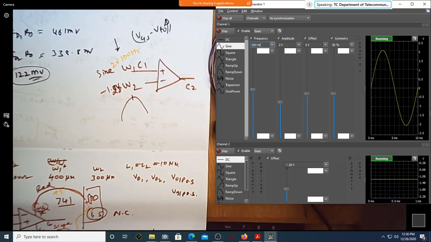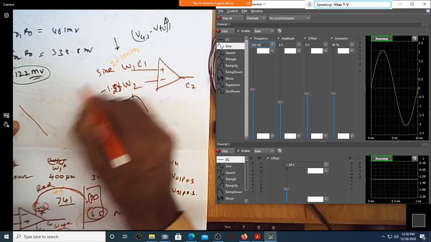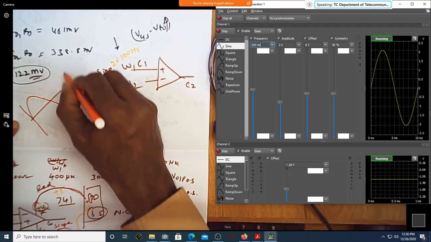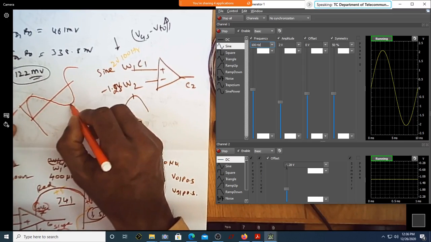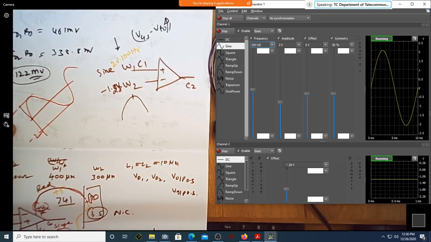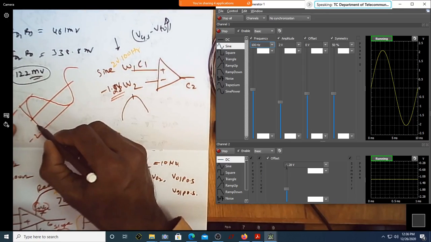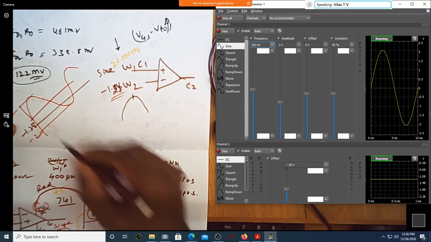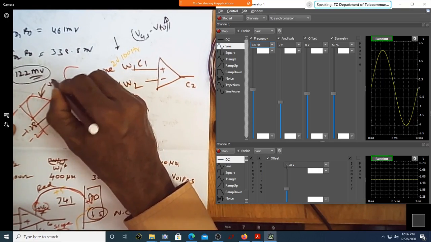So now, do we have this type of condition? This is a pure sine wave. Around 0 it is varying. Can you see this will go up to 2, this will go up to minus 2? Correct? Where is this voltage? Is it here? Is this V plus?